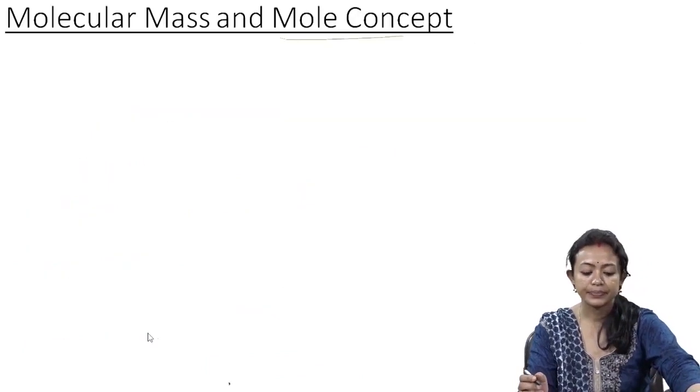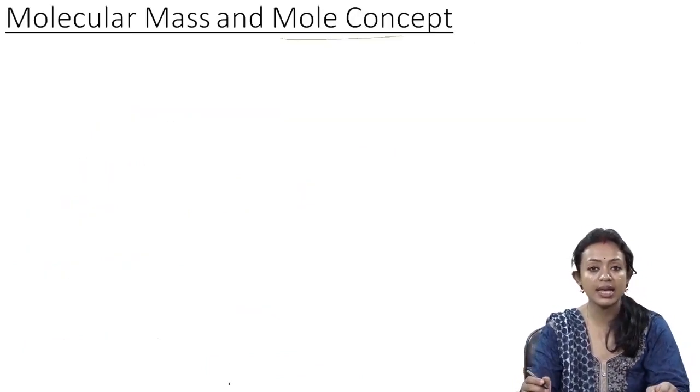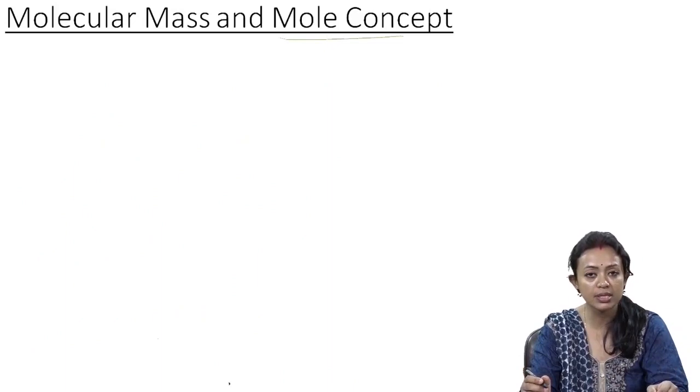Next, what are molecular masses and mole concept? For calculating the molecular masses, we take the individual atomic masses of the substances. So the atomic masses of the atoms of different elements are taken into account, they are summed up and the molecular mass is calculated. The further information is translated in the mole concept.